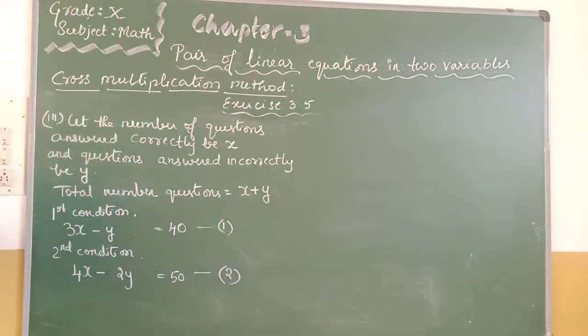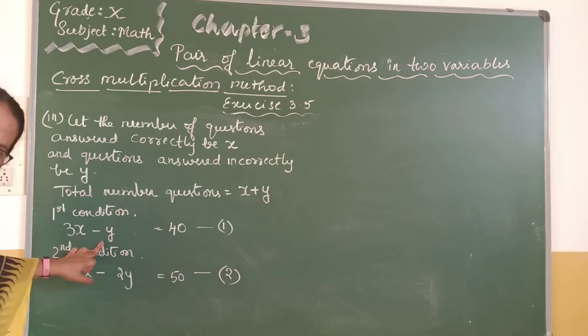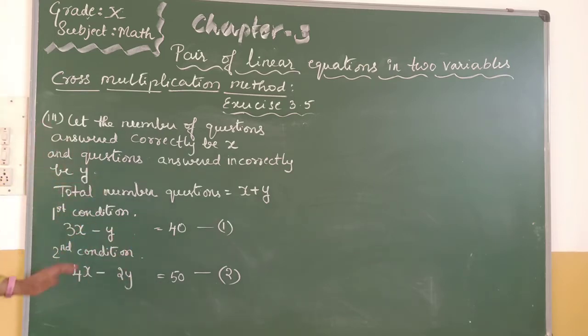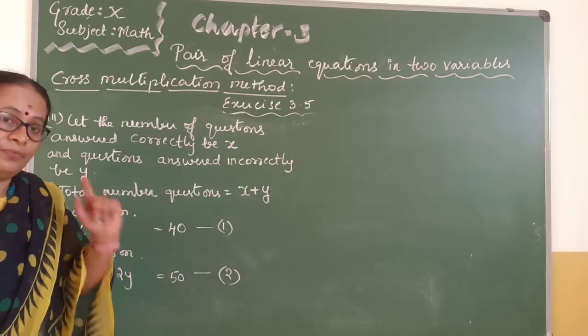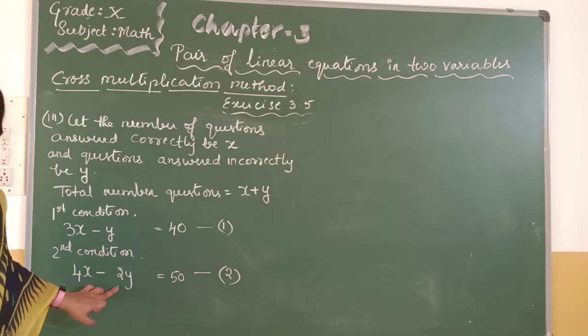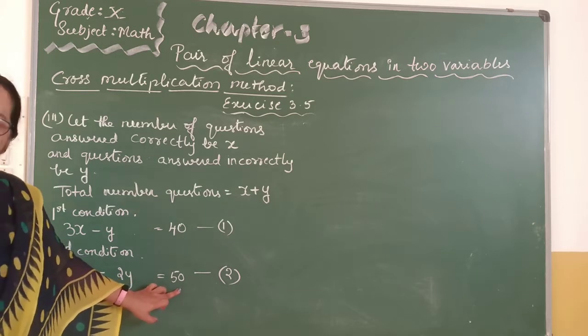This is the second equation. In the first condition, 3 marks are awarded for a correct answer and 1 mark deducted for an incorrect answer, he would have scored 40 marks. In the second, he would have got 50 marks when 4 marks are awarded for a correct answer and 2 marks deducted for a wrong answer. So the equation is 4x minus 2y equals 50.